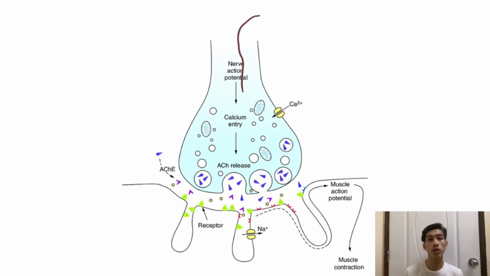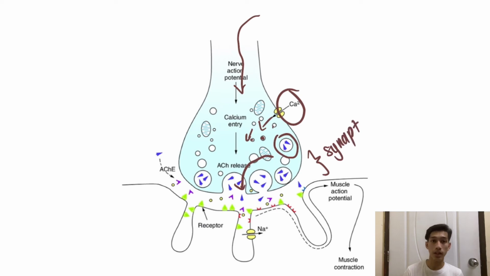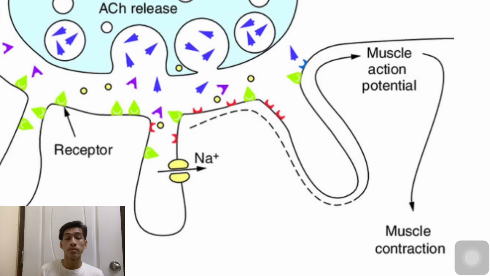The action potential will cause the terminal of the motor neuron to become depolarized and will make the calcium channels open and allow calcium ions to enter into the motor neuron. This will cause the vesicles containing acetylcholine inside the axon terminal to release acetylcholine into the synaptic cleft. The synaptic cleft is the area between the motor neuron and the muscle fiber. Then, the acetylcholine will bind to the receptor sites on the membrane of the muscle fiber.